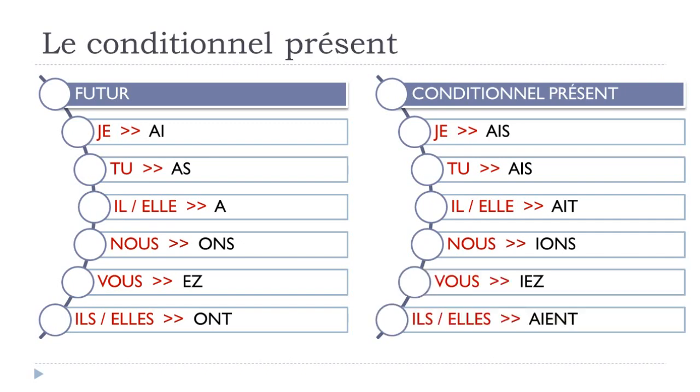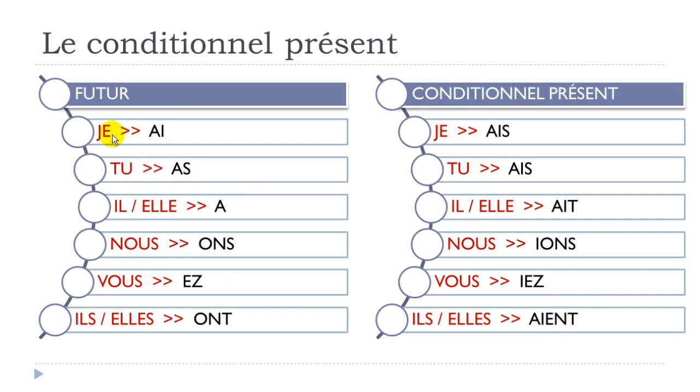To be totally honest, because we construct these two tenses the same way, the endings here and here will be the only way to make the difference between the future and the conditional. So it's quite important to really remember them by heart.